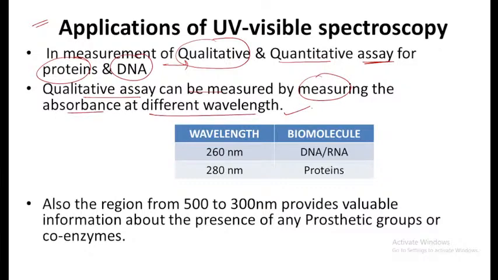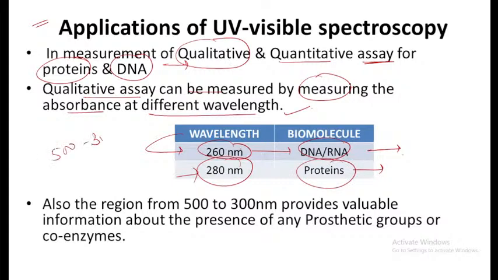If the wavelength is 260, the biomolecule that would be observed would be DNA or RNA, and at 280 we would be able to analyze the proteins. Also the region from 500 to 300 nanometers provides valuable information about the prosthetic groups or the coenzymes.